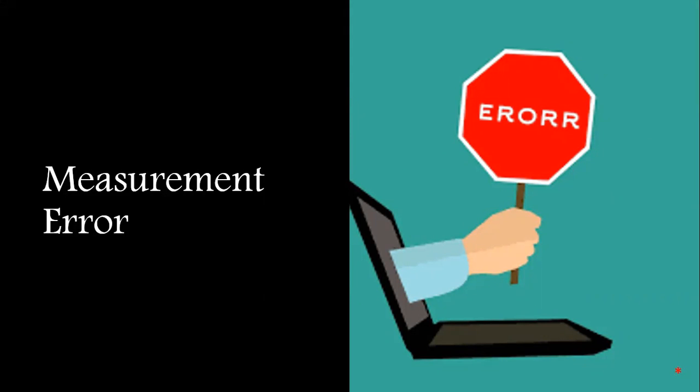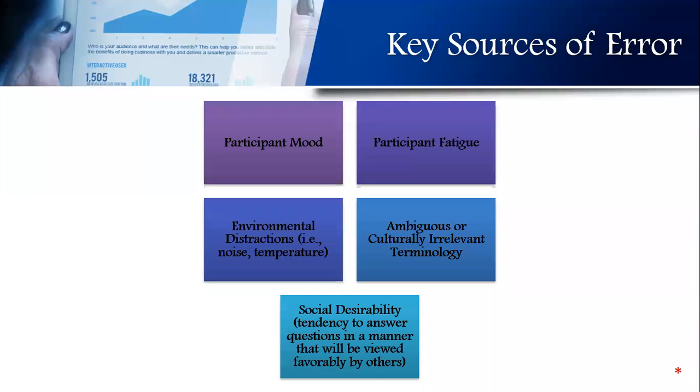Let's first discuss measurement error. Before we get into the specific types of measurement error, let's discuss some common sources of error.